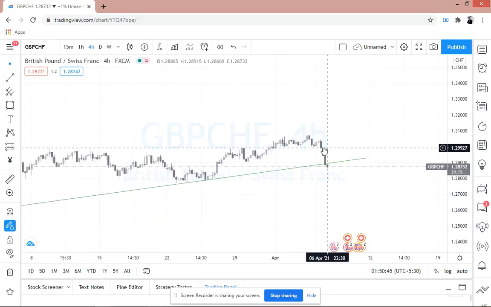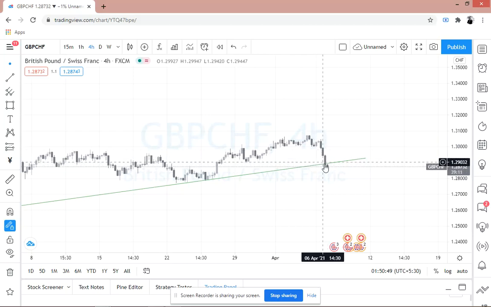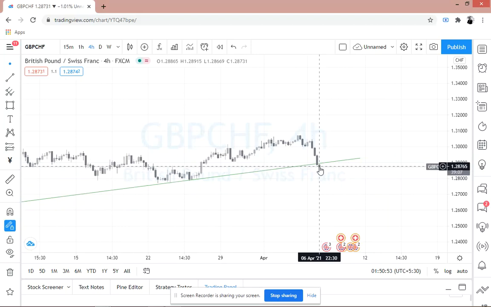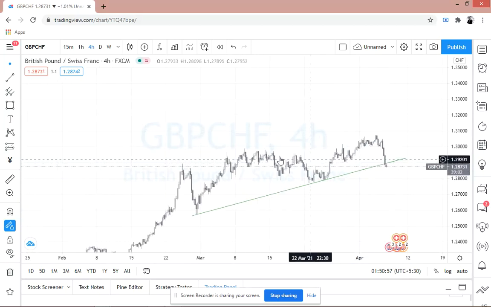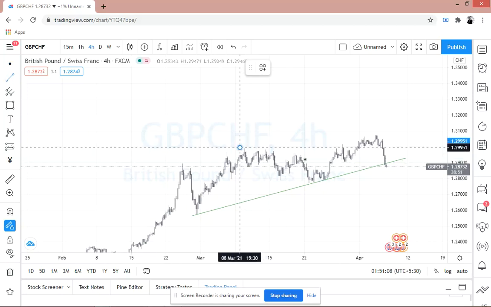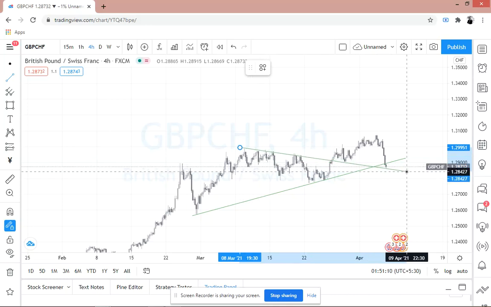So we have some buyers here, and the sellers already break the lower trend line. Strong momentum of sellers break the lower trend line. So if the sellers become weak here, you expect buyers entry. So we have sellers here.